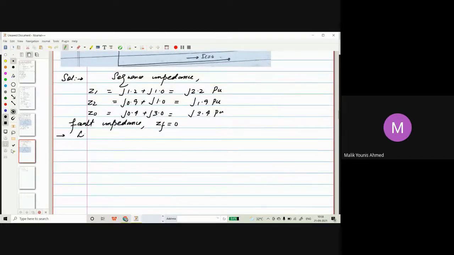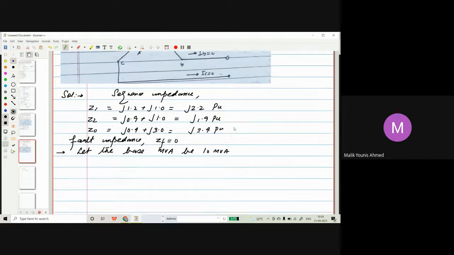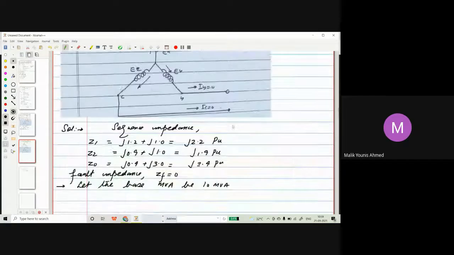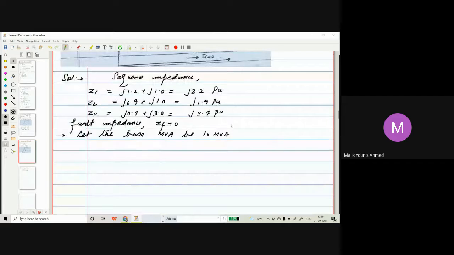Let the base MVA be 10. It is 10 only, not 100. 10 MVA, and let the base voltage be 11 kV.